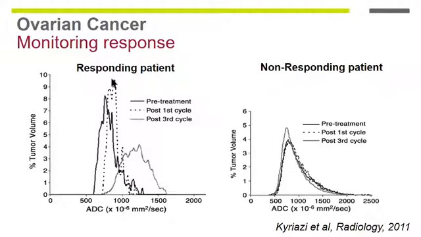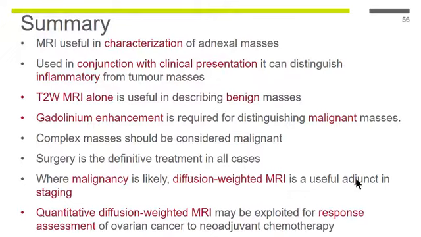And because it is such a quantitative technique, you can draw a region of interest around the entire tumor burden or the particular lesion that you're interested in and get a distribution of ADC and follow that through chemotherapy. As the chemotherapy is working in a responding patient, you will get a shift of the ADC to the right, whereas in a non-responding patient or lesion, there is no change in the ADC. So with that, I just want to summarize.